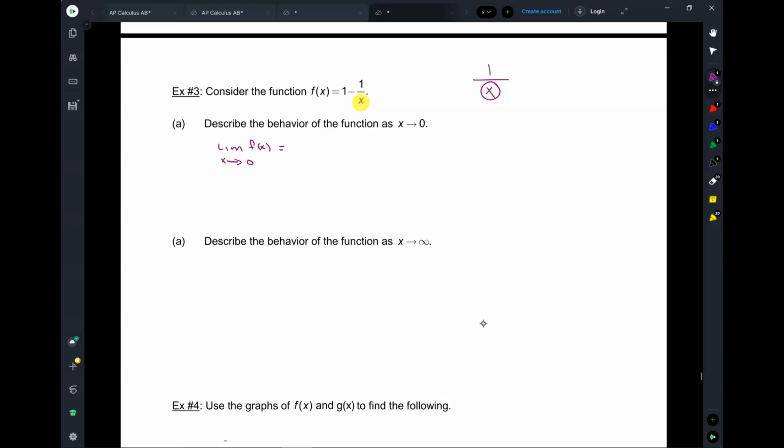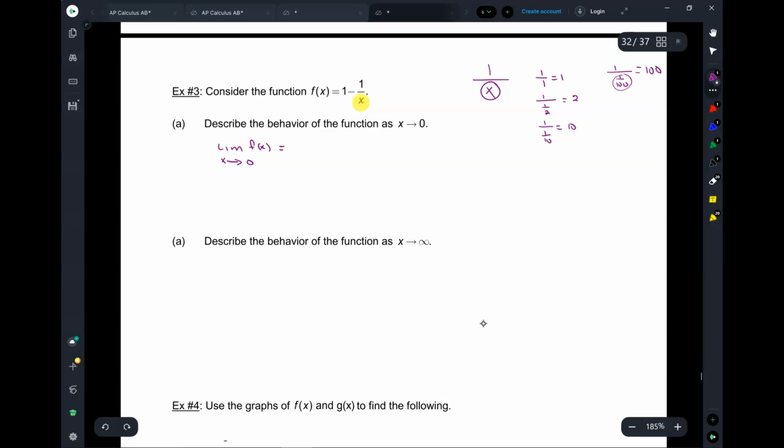It becomes bigger and bigger, right? For example, 1 over 1 is 1. 1 over 1/2, now I made it smaller, is 2. 1 over 1/10 is 10. 1 over 1/100, even smaller in the denominator, is going to be 100.